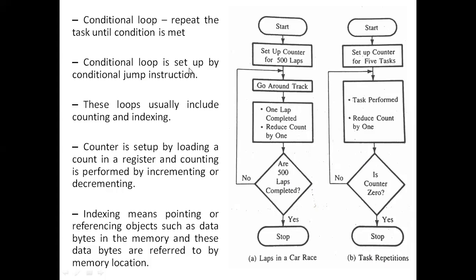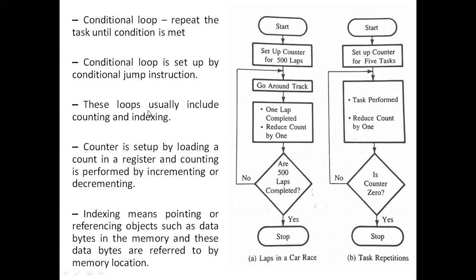Now, a conditional loop is set up by a conditional jump instruction. Here, we are going to put a conditional jump instruction: jump on not zero. If the count is not zero, repeat, and when the count becomes zero, go out of the loop. Similarly here, until the count becomes zero, you are going to repeat, and when the count becomes zero, it will go out of the loop.